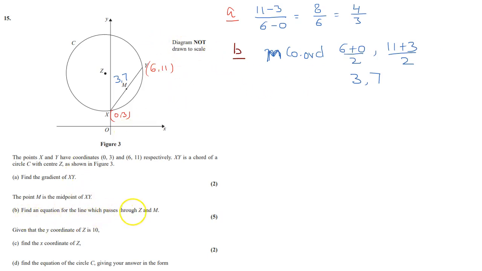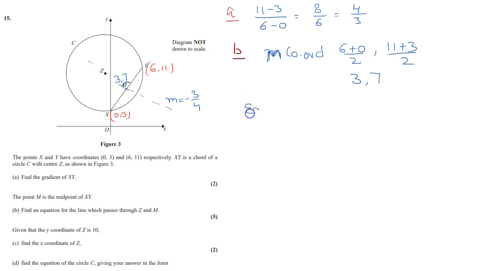Find the equation of a line that passes through Z and M. The slope of XY is 4 over 3. So the slope of this is perpendicular. The line joining the midpoint of a chord and the center of a circle is perpendicular to it. You must know this is perpendicular. So the slope of this line is minus 3 over 4 and it is passing through 3, 7.